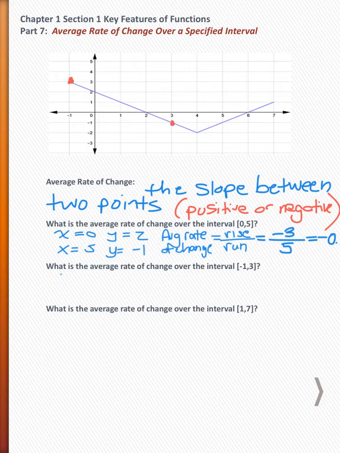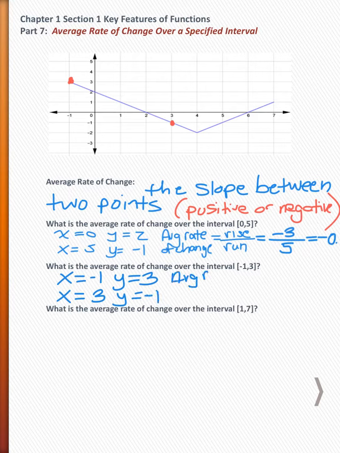Okay, so at my input of -1, my output is +3. And at an input of +3, my output is a -1. So just visually looking at it, you should be expecting an average rate of change that's negative. Rise over the run.